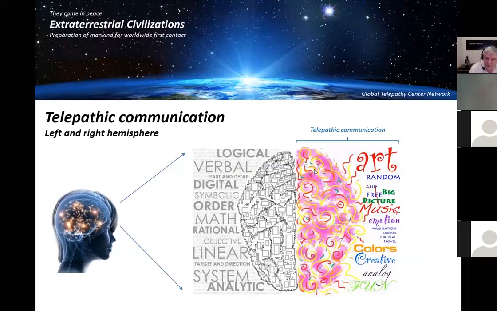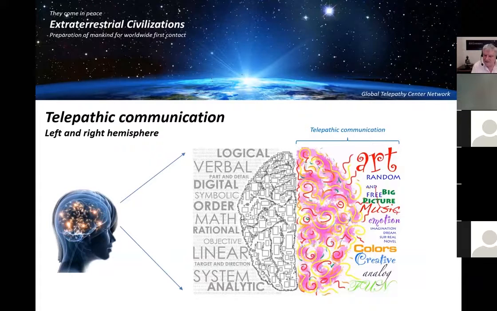But during telepathic communication, we focus the attention on the right hemisphere. And basically that was the reason I asked you to imagine or visualize a rose, a flower, because then the attention was moving to the right hemisphere.